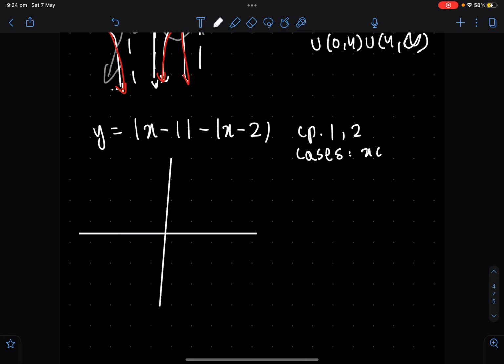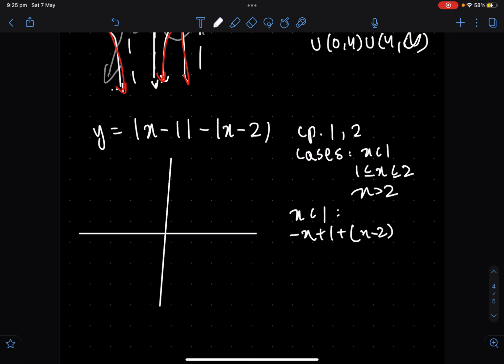So we will say these will be our three cases: x is less than 1, 1 is less than or equal to x, less than or equal to 2, and x is greater than 2. We'll start off with x is less than 1, which will make the first absolute value negative. So we'll say negative x plus 1, negative. The second would also be negative, so it makes positive x minus 2, and that is equal to y.